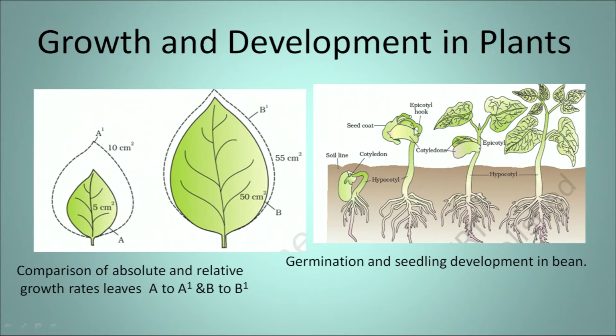Here more parts are being added, you can see epicotyl, and the root system has also become much larger. Eventually from this seed what you are getting is a complete plantlet. Now see the number of leaves that the plant has produced. The transformation of this seed into the plant, where each organ is clearly differentiated into root and shoot and leaves, this is what is development, and this is a case of bean that has been discussed for your understanding.